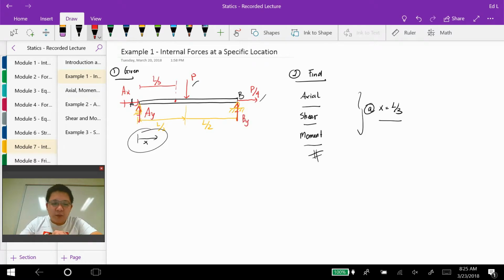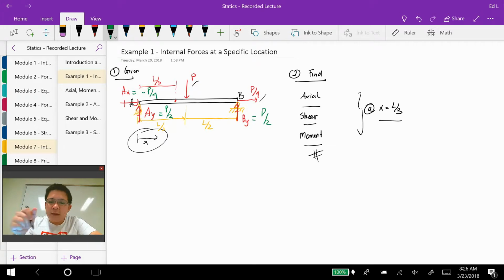I will let you do this on your own. I will just write down the answer: AY should be P over 2, BY should be P over 2, and AX is negative P over 4. I hope you have time to double check your result with this, and if you obtain a different result, please let me know.